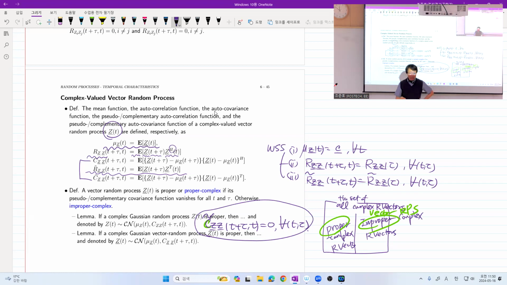So in many cases, ignoring the complementary autocorrelation works. No problem in communications. However, they missed one thing, because some man-made signals, like the BPSK signal, or the MSK signal like in second generation GSM, are improper even after being converted to the complex baseband equivalent signal.